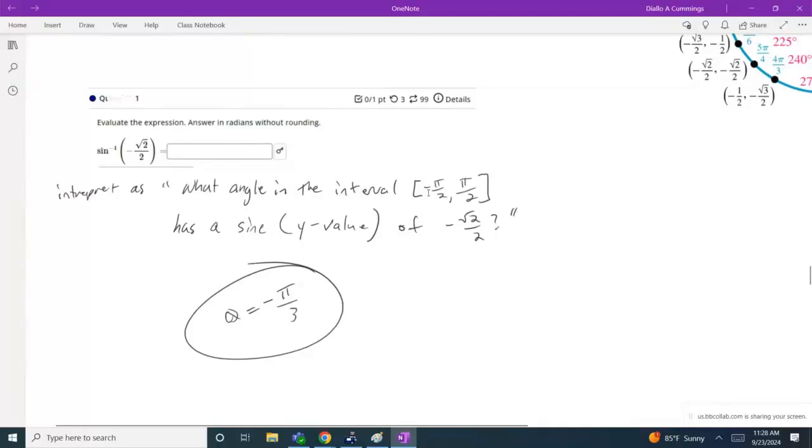Here's why it's important to use either negative pi over 2 or positive pi over 2.